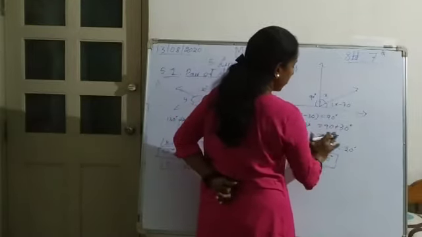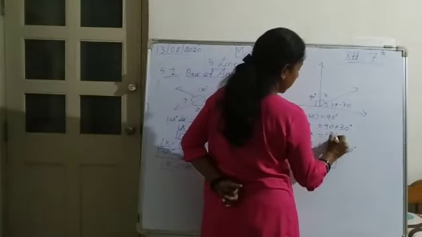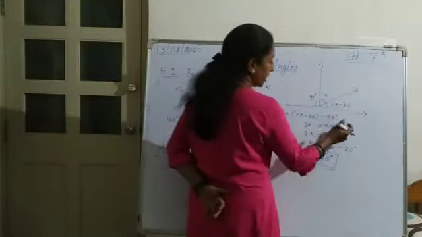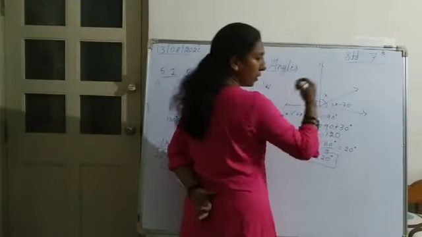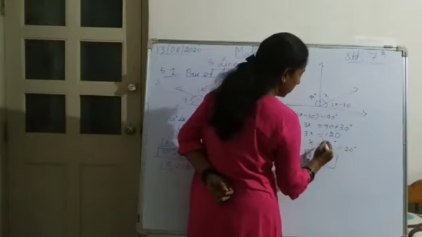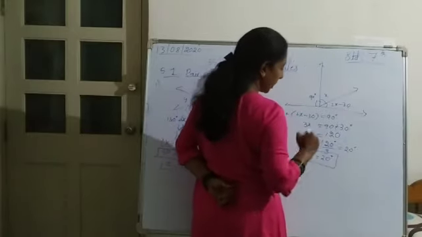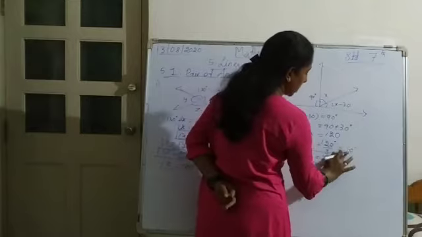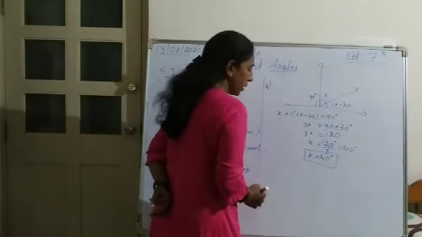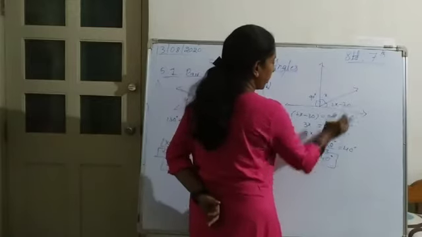So 90 plus 30. How much is it? 120. Very good. Sorry, by mistake I wrote the same sign. After moving from one place to another, it changes to plus. So 120 divided by 3. The answer is 40 degrees. So x is 40 degrees.